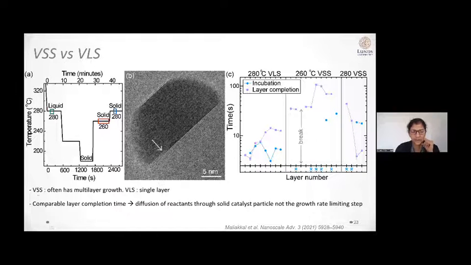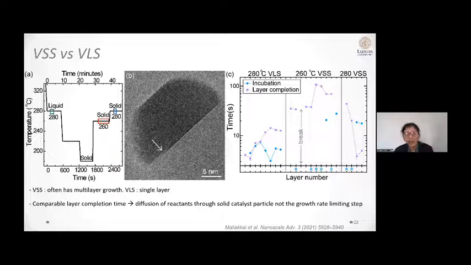So in the VSS case, or the vapor solid growth, we see that there are often cases where multiple layers are growing. There are sometimes even 4 layers growing. But in vapor liquid solid growth, it is usually one layer after another. So there is definitely a qualitative and quantitative difference between vapor solid and vapor liquid solid.